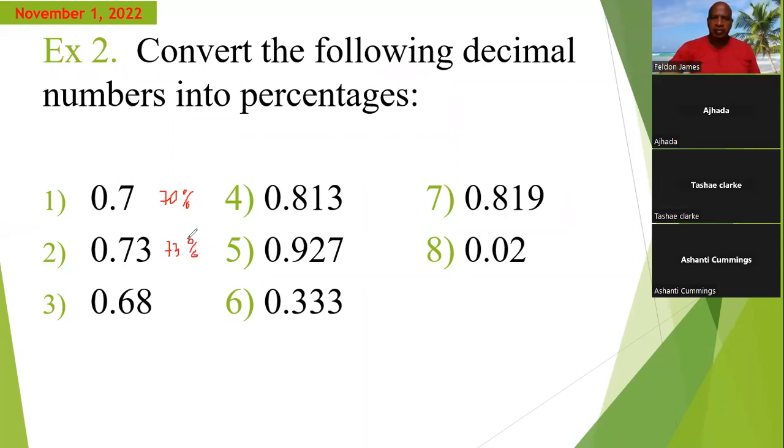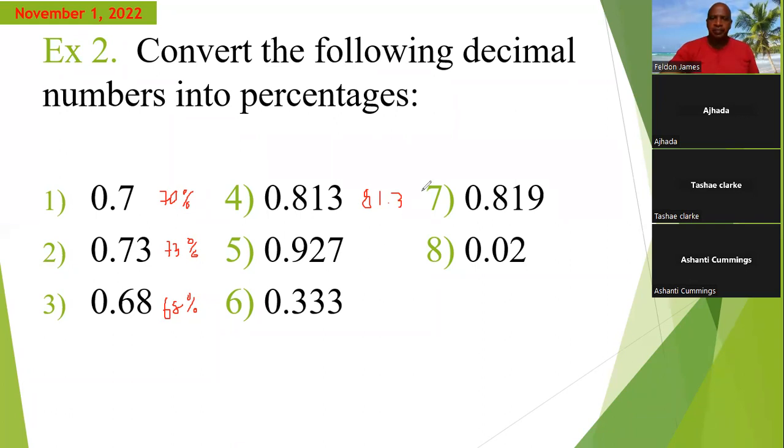Third one, 68%. Fourth one, 81.3%. All right, so I'm getting that everybody understands this clearly.